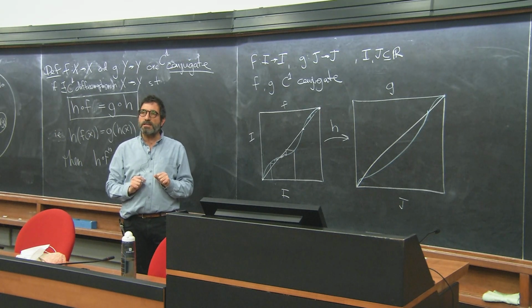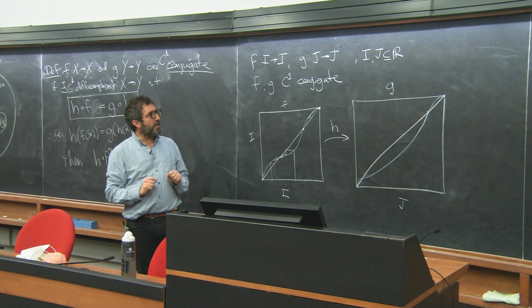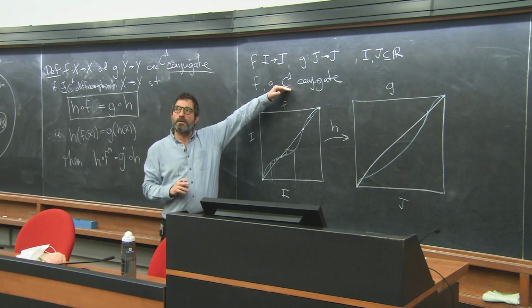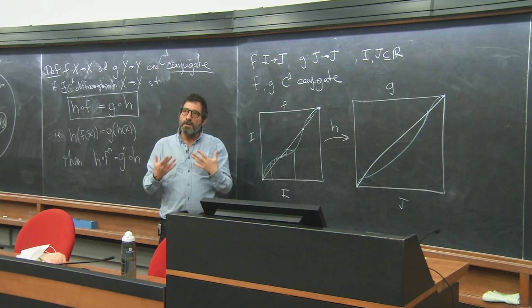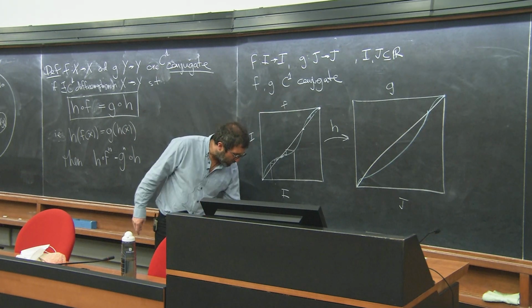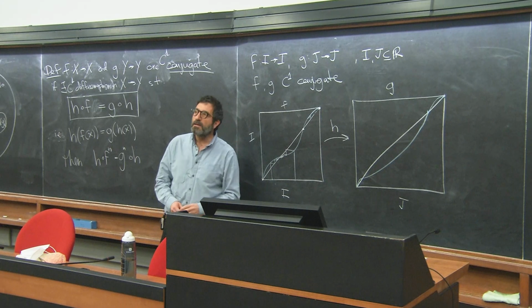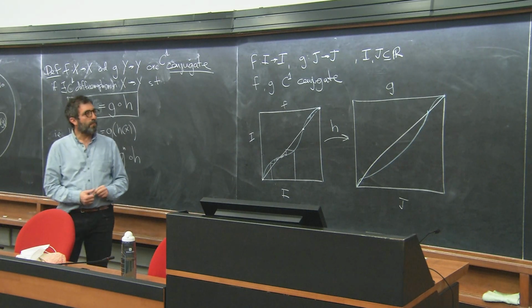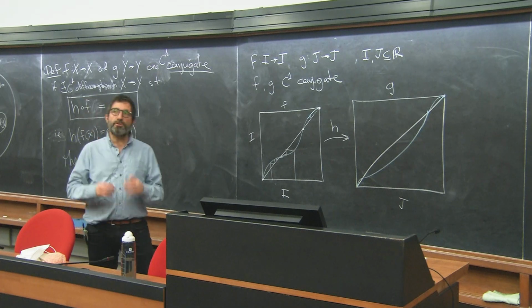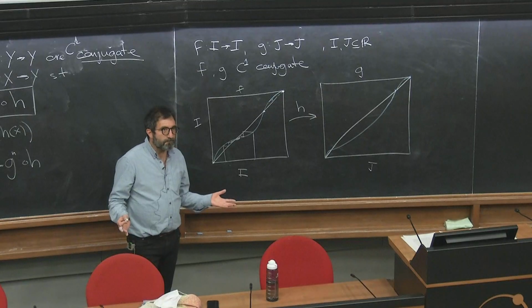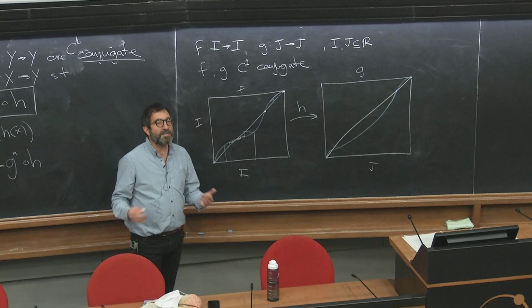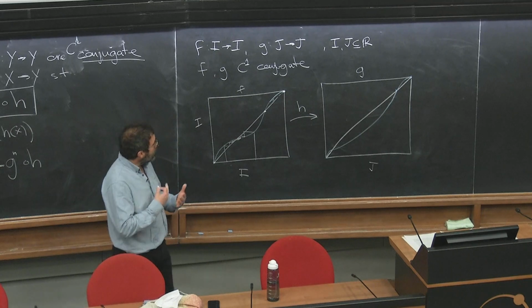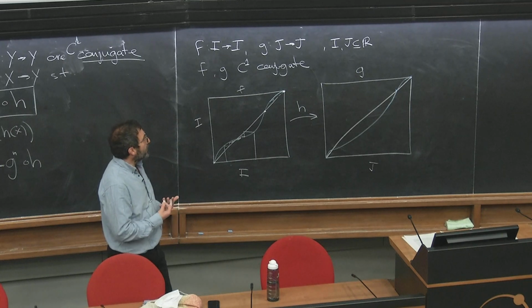Now the question is, are they consistent with it being a C1 conjugacy? What additional properties does a C1 conjugacy need to preserve? I'm not expecting that you necessarily know the answer, but let's think about it a little bit.